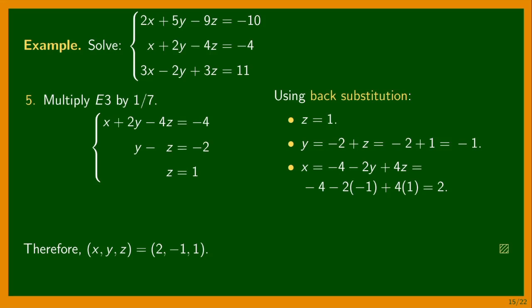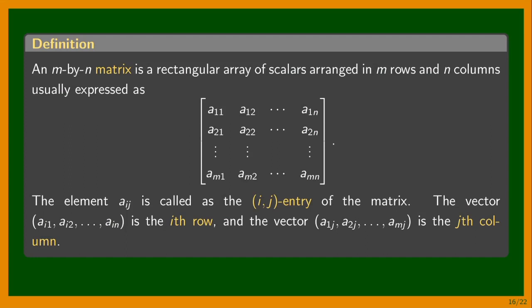The solutions will really depend on the values of these coefficients and the constants over here. So we would like to allow ourselves to relax a little bit by not minding these unknowns and through the use of matrices.